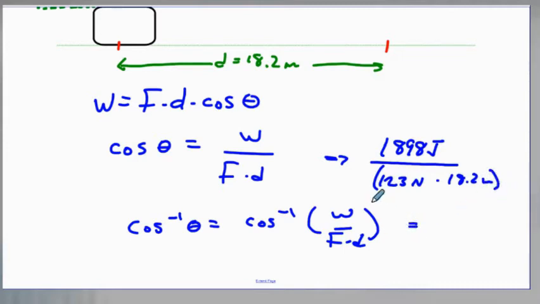And what I'm going to get is a decimal, 0.84785. Go an extra decimal place there. And then when we take the inverse cosine of that, we'll see that we pushed at an angle of 32 degrees.